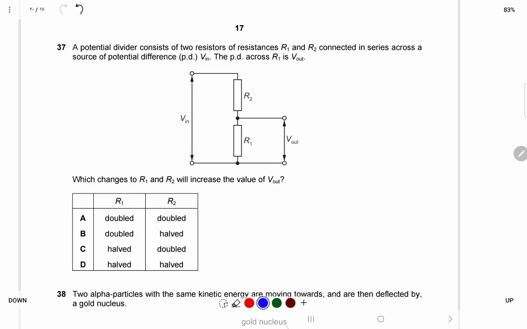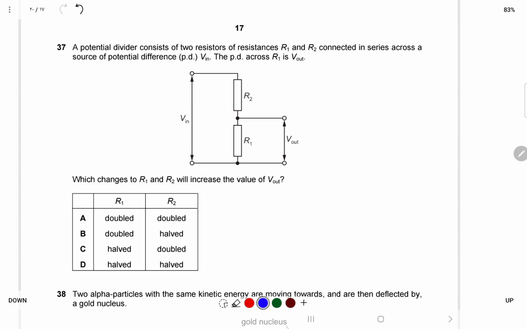Question 37. A potential divider consists of two resistors of resistance R1 and R2 connected in series across a source of potential difference Vin. The PD across R1 is Vout. Which changes to R1, R2 will increase the value of Vout?